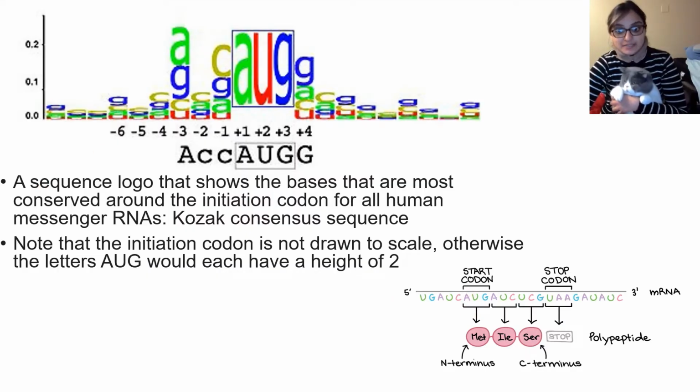This is the Kozak consensus sequence. This AUG codes for methionine here, and then we read every 3 bases, and then we stop here.